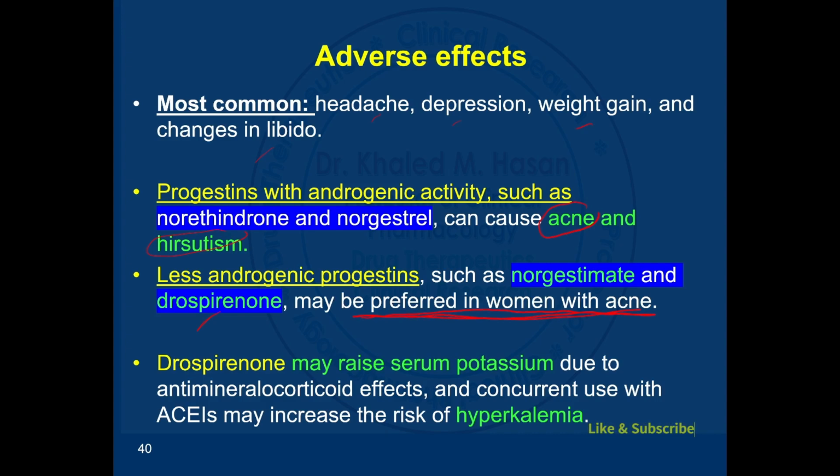The last medication, according to the adverse effect, is drospirenone. From the name, drospirenone reminds us of spironolactone, and this one is considered an aldosterone antagonist.